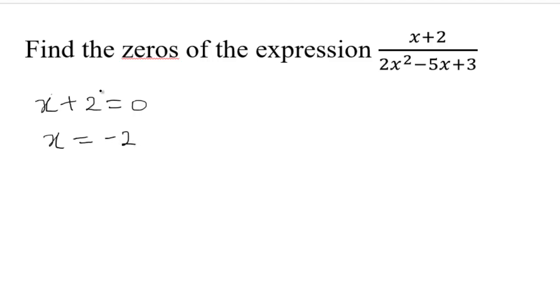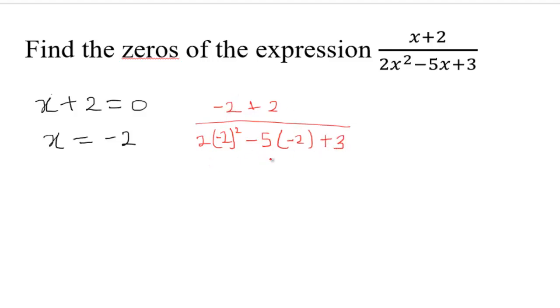Now, what this negative 2 means is that when you substitute it into x, it will set the numerator of the algebraic fraction to be 0. So let's try and see. Our x is negative 2. So negative 2 plus 2, all over 2 times x squared, so negative 2 squared, minus 5 times x, x is negative 2, plus 3.